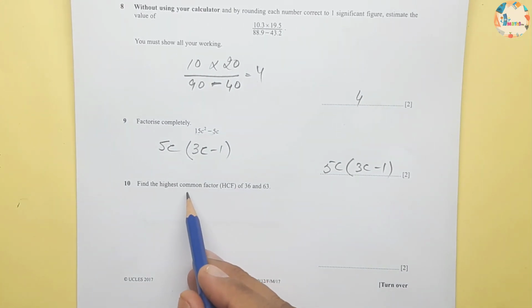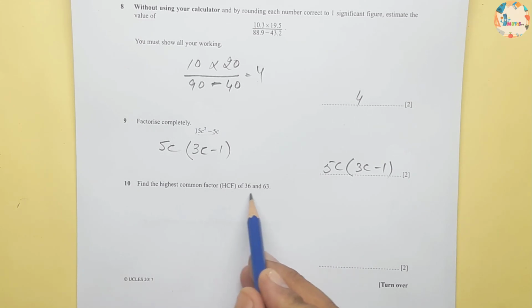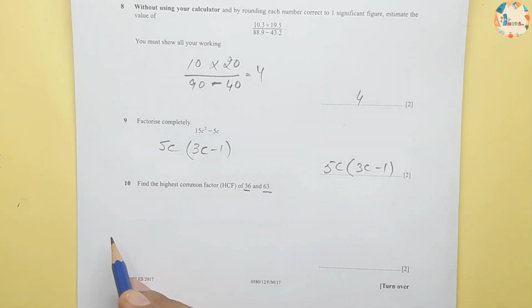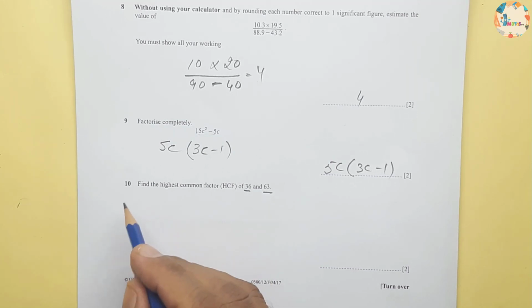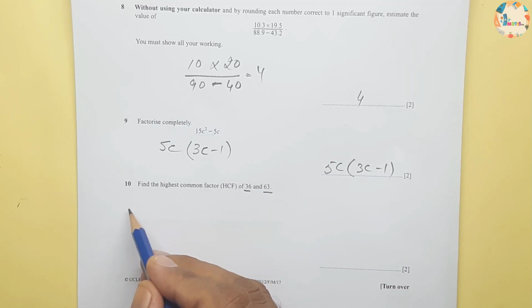Find the highest common factor, HCF, of 36 and 63. So, the highest common factor.